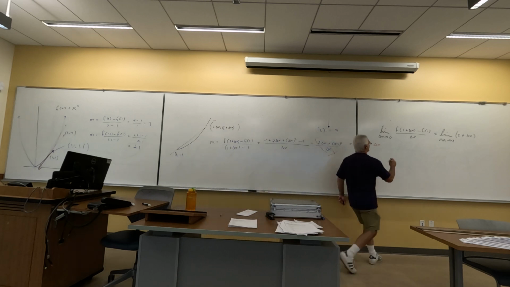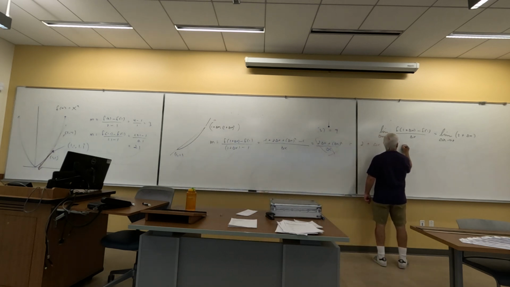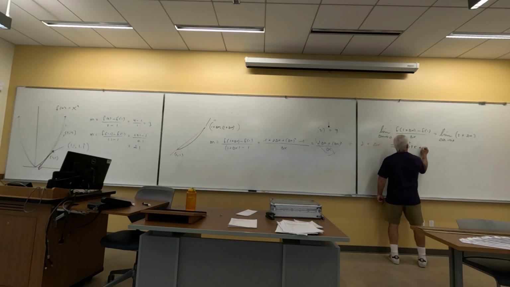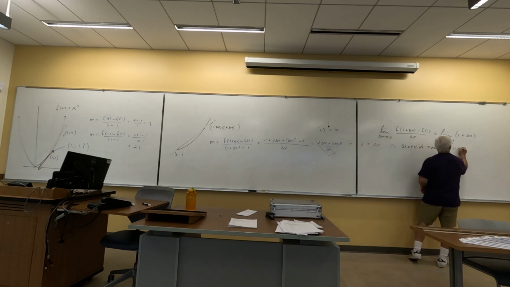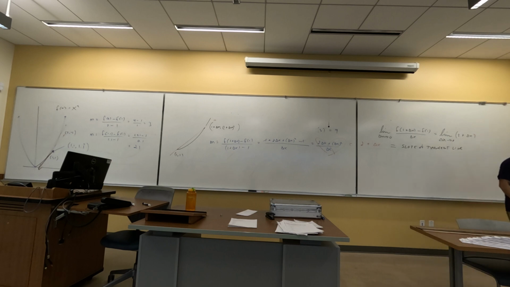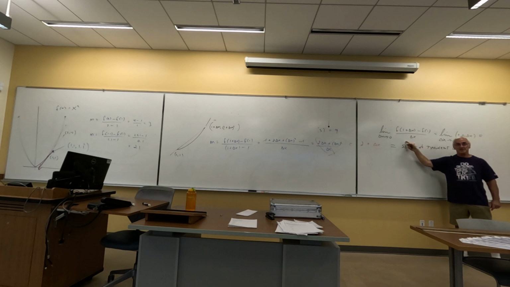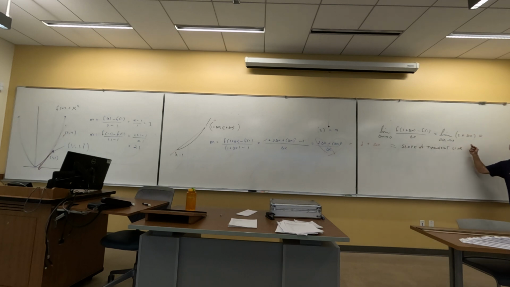Would it be safe to say that this equals the slope of the tangent line? Yeah, because that's exactly what it would be. And what would it be exactly? I can't evaluate this, but after I did some algebra, I can evaluate this, and this would just be 2.